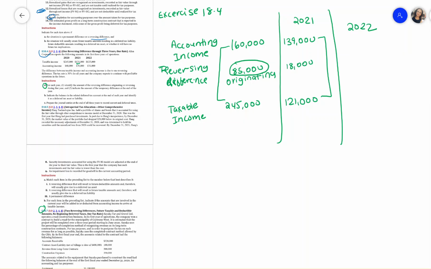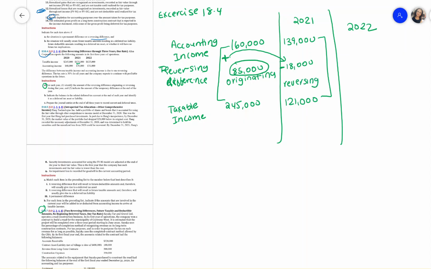If you look at it, it was a positive here. This is where the difference started from, and now we are subtracting it here, so we're reversing that difference. So this 18,000 is a reversing difference.